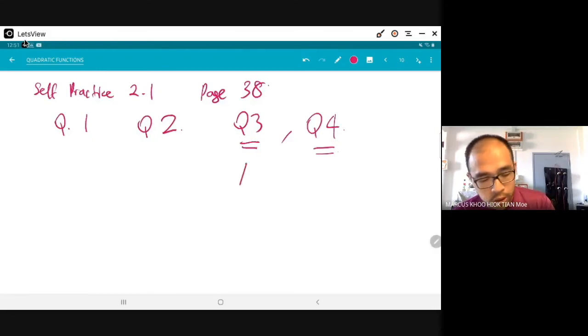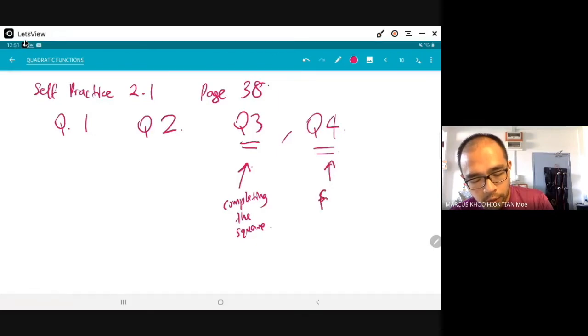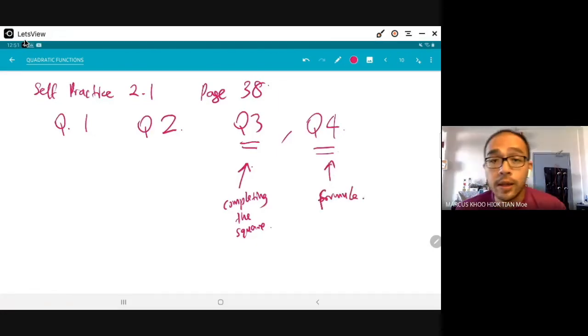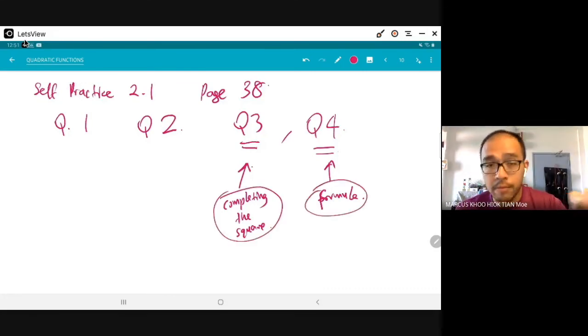Question number 3, solve using completing the square. And question number 4, solve using the formula. Memang kamu akan disuruh untuk solve the quadratic equation. Cuma saya mau kamu untuk soalan ketiga use completing the square, and for question number 4 use the formula.